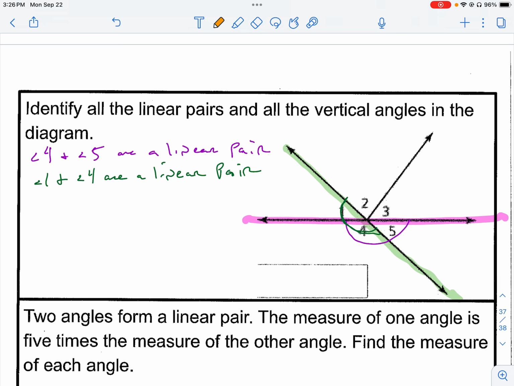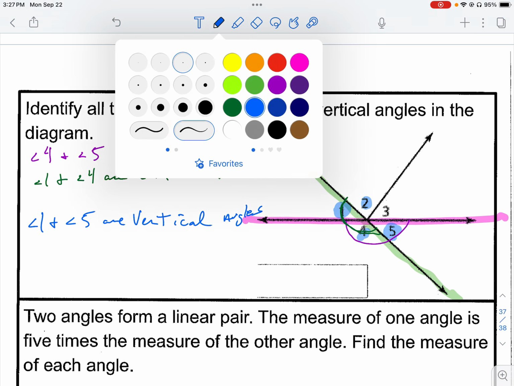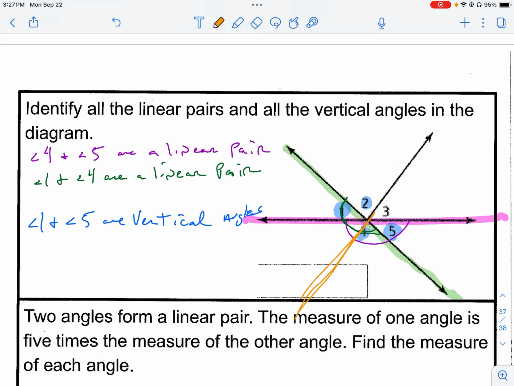Now vertical angles. Here we got two lines that cross and make an X. And 1 and 5 are across the X from each other. So they're vertical angles. Well, what about 2 and 4? Not so much, because for 2 and 4 we'd have to have this, and we don't have that. 4 and 3, once again, we would have to have this, and we don't have that.